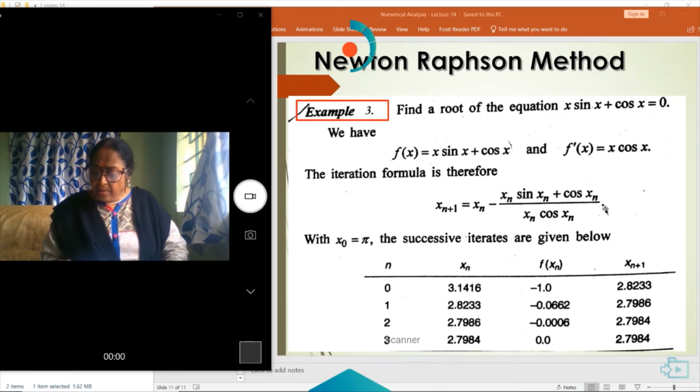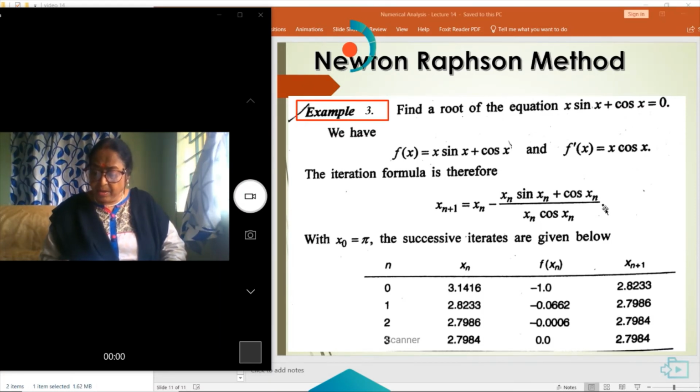Now take x0 equal to pi. The successive iterations are given below, for n equal to 0, 1, 2, 3, and xn we have to calculate.